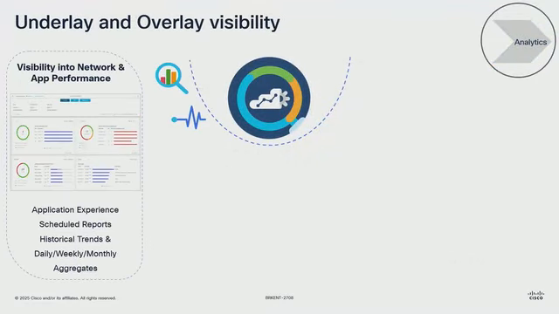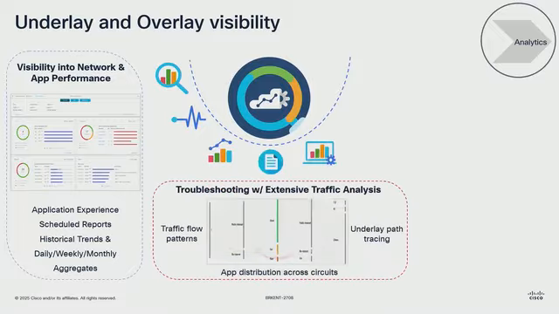So let's talk a little bit about the monitoring. As we mentioned, we have both an underlay and an overlay. The underlay is just the internet or an MPLS link. But then we build those VPN tunnels, and that would be the overlay, right? So we need to monitor both. Inside of the Catalyst SD-WAN Manager, we have a whole bunch of very detailed reports that monitor applications and trends and aggregate data across interfaces and sites and so on.